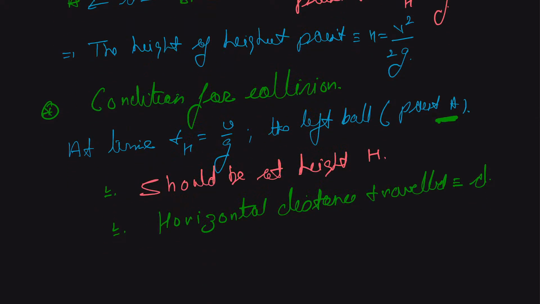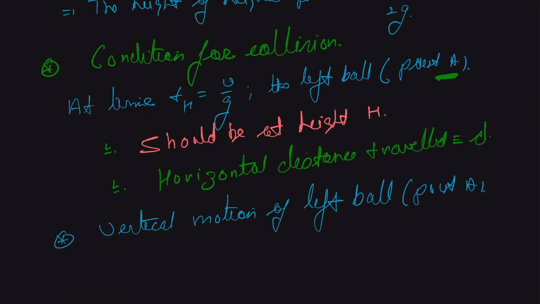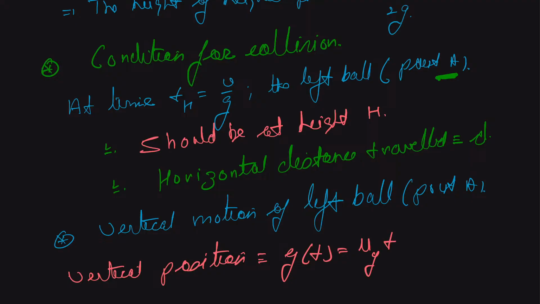So let us now discuss the vertical motion of our left ball, from point A. We can write its vertical position equation as y of t equal to our initial velocity in y direction times t, minus half g t square.